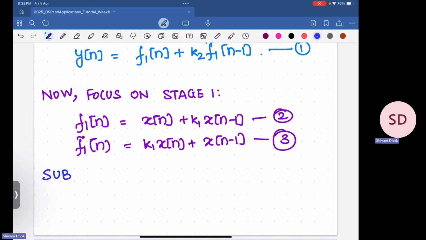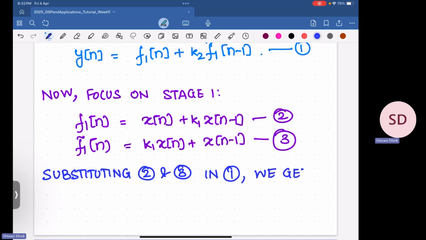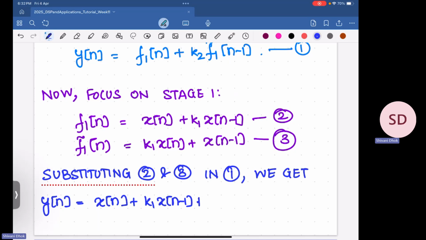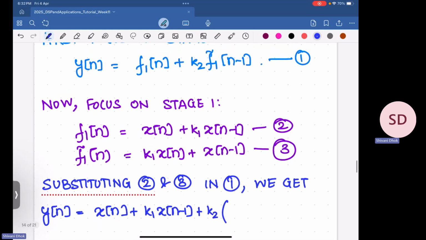Substituting equation 2 and equation 3 in equation 1, we get y of n is equal to f1, that is x of n plus k1 x of n minus 1, plus k2 times f1 tilde of n minus 1.